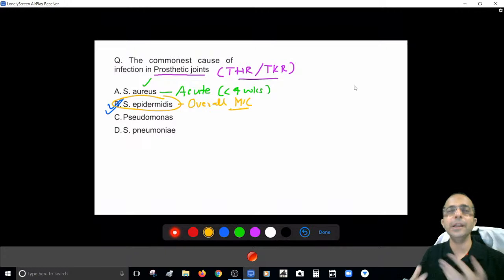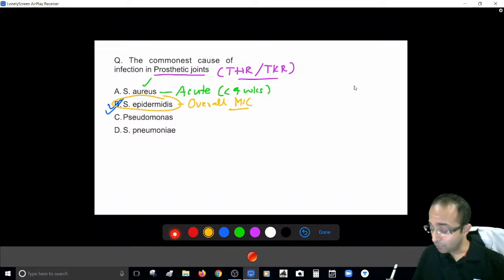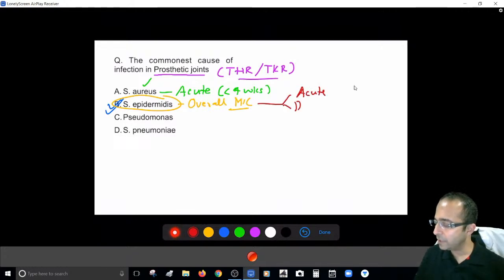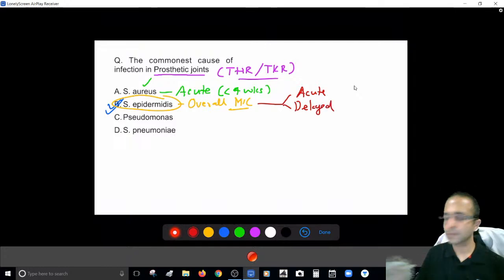Generally, it causes delayed infections, but it is also a part of acute infections. Staph aureus generally causes only acute infections, but epidermidis tends to be a part of both acute as well as delayed infections. So overall, more common in prosthetic joints would be Staph epidermidis.